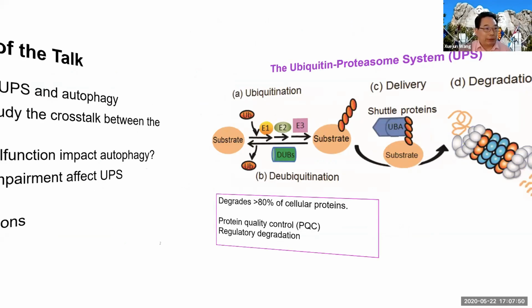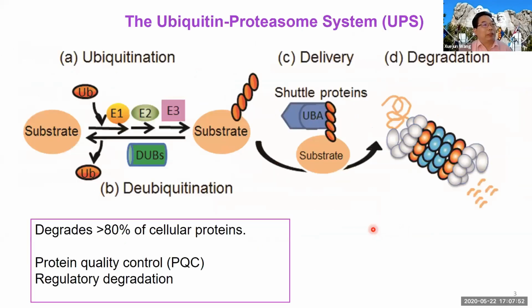The UPS, I think probably everybody knows by now, is the major protein degradation pathway in the cell. It is responsible for the degradation of more than 80% of cellular proteins for two fundamental purposes. One is protein quality control, through targeted degradation of misfolded proteins in the cell.